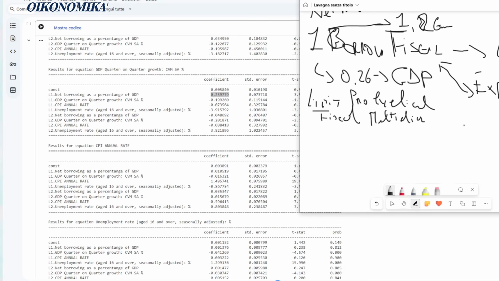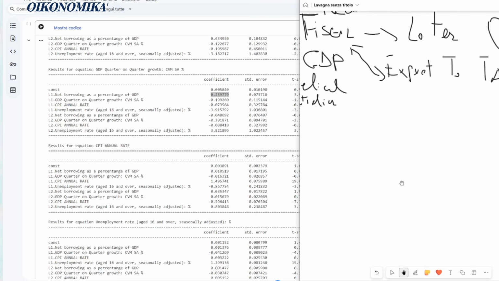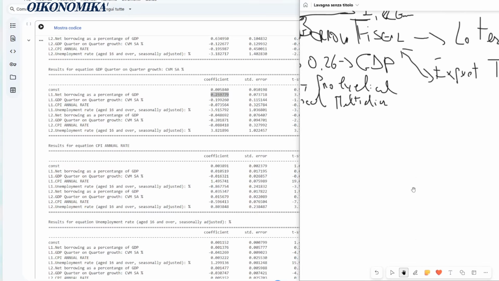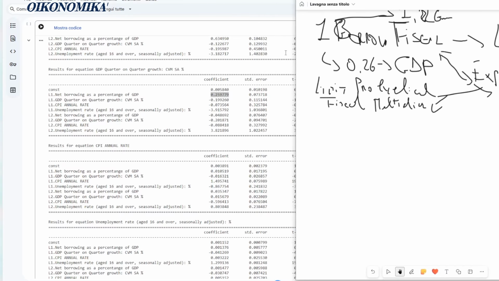And because they expect to tax it back, the fiscal multiplier is small. The net effect is 0.26, okay, for 2 reasons. One is that investment is not immediately productive. Two, because any government expects to tax back the money that they put into the economy.